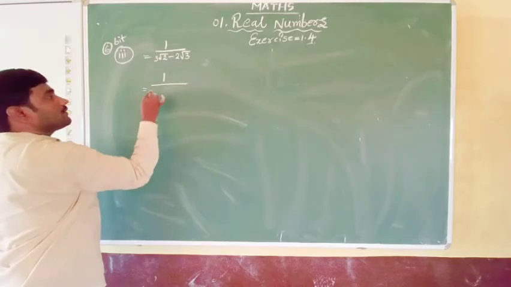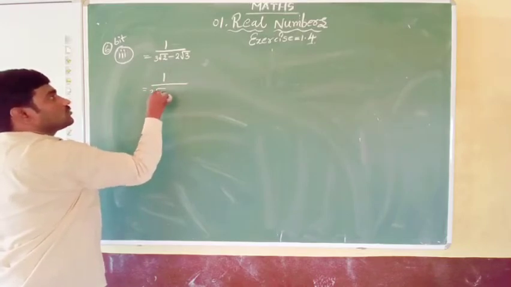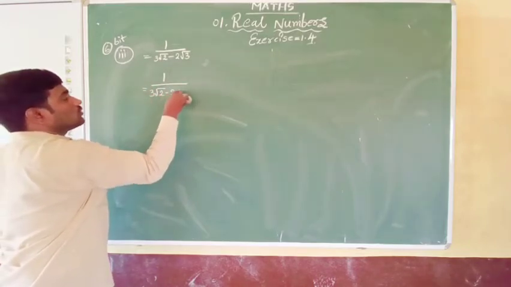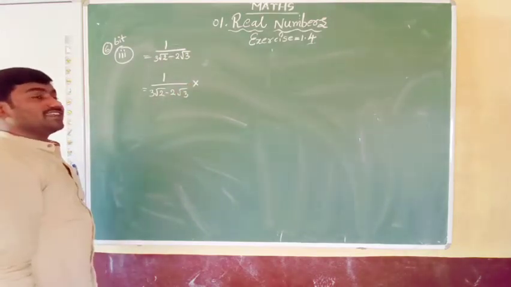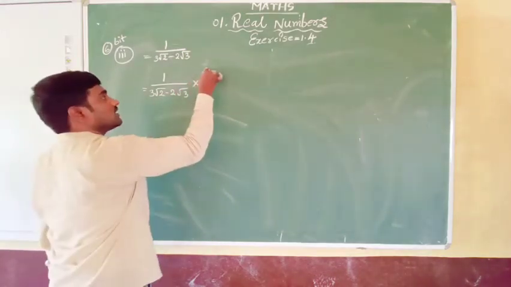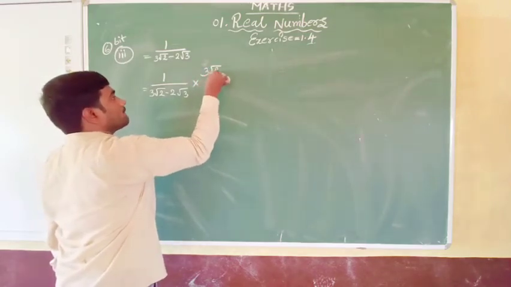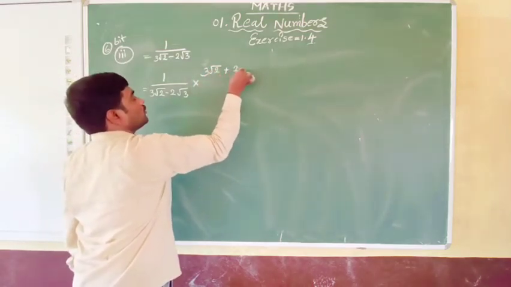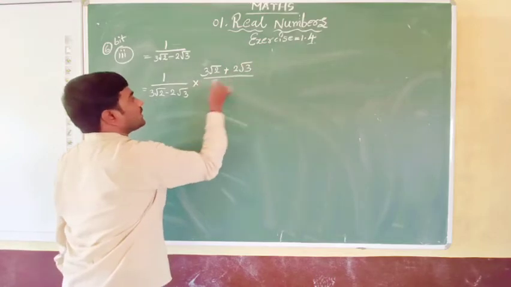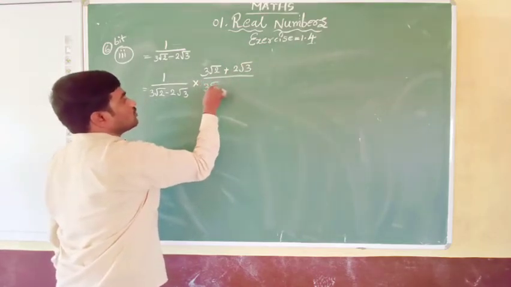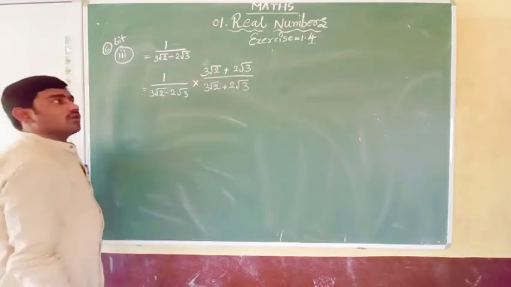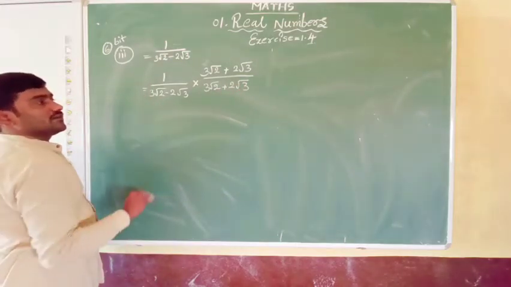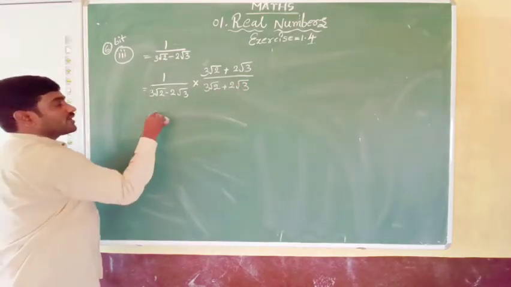The rationalizing factor of 3 root 2 minus 2 root 3 is 3 root 2 plus 2 root 3. So we multiply by 3 root 2 plus 2 root 3 over 3 root 2 plus 2 root 3. This is the rationalizing factor of this denominator that we have multiplied to the numerator and denominator.